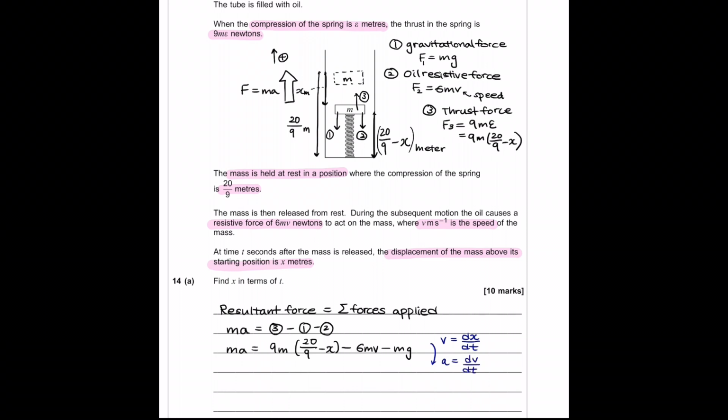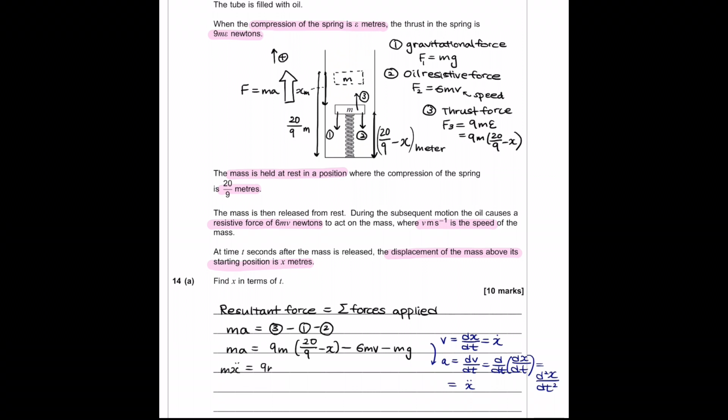And acceleration is how fast the velocity has changed, so it's d/dt of dx/dt, which is the second order derivative of x. For convenience, we're going to say this is x dot, and this is x double dot. Each dot represents one time derivative.